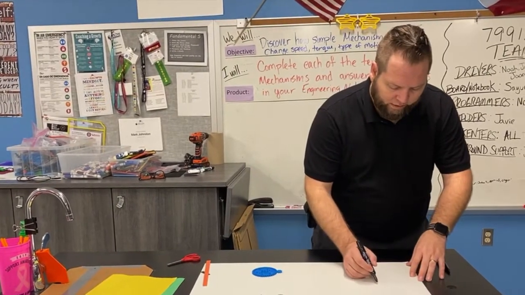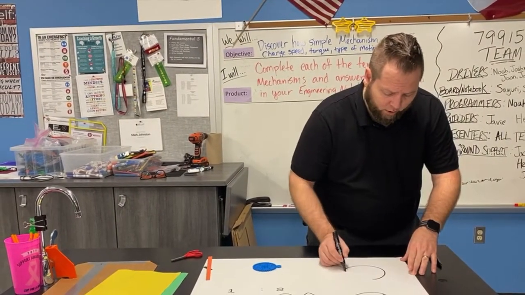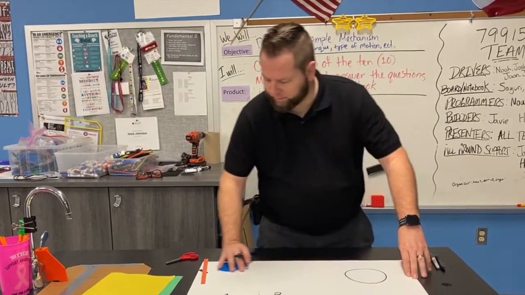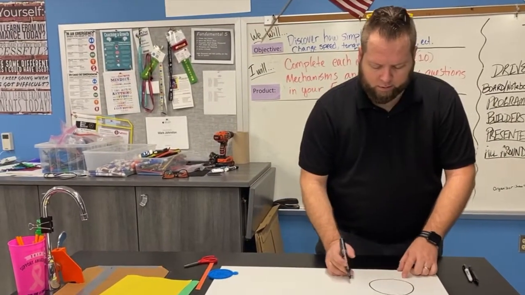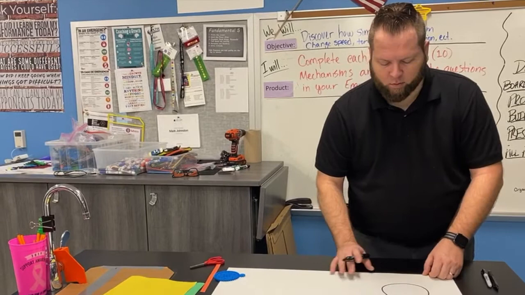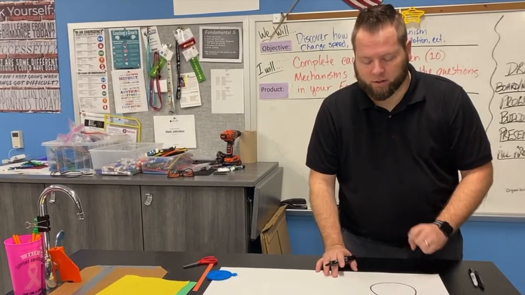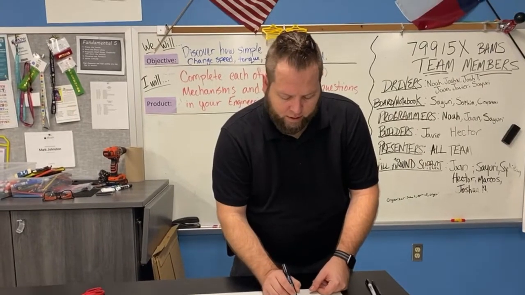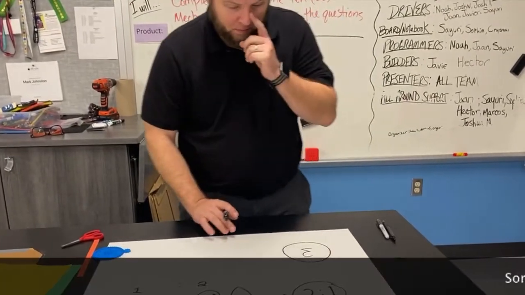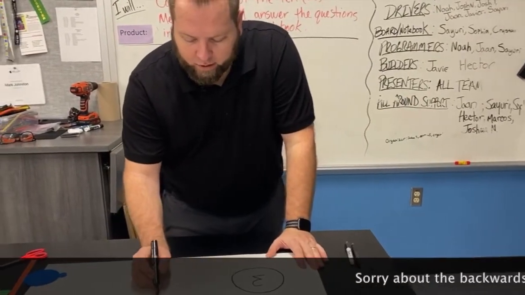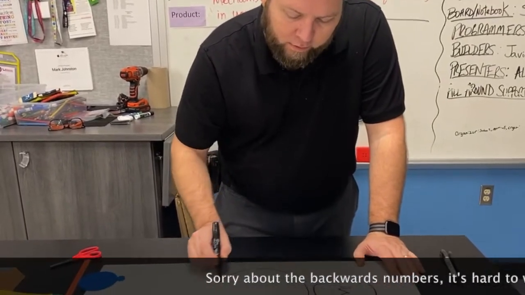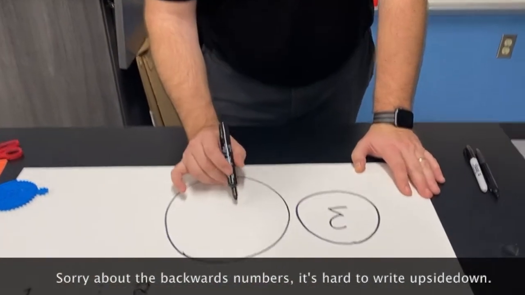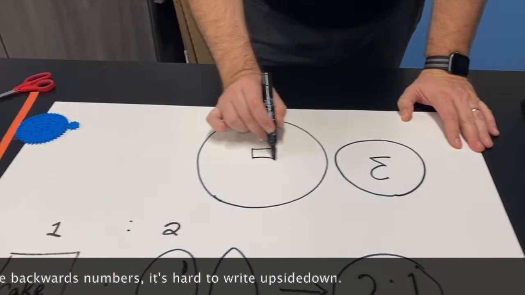And so let's say we have a gear right here, and the circumference, we'll just make it easy, okay? The circumference is 3. So let's say you got the circumference of 3. And you have a gear here whose circumference is 5.